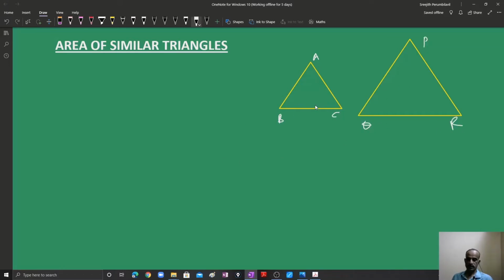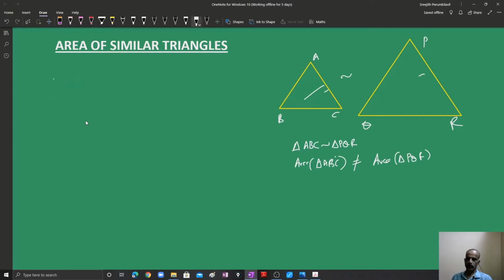They are two similar triangles, that is, triangle ABC is similar to triangle PQR. Then what is the relation? Is there any relationship between the area of triangle ABC and the area of triangle PQR, the entire areas? Are they equal or not equal, or in some ratio? This is what we are going to discuss now.